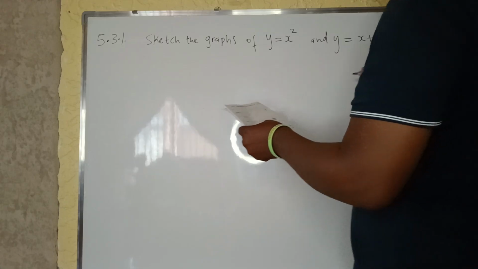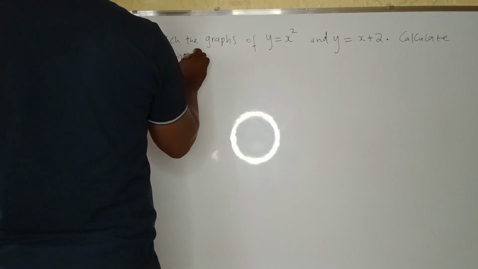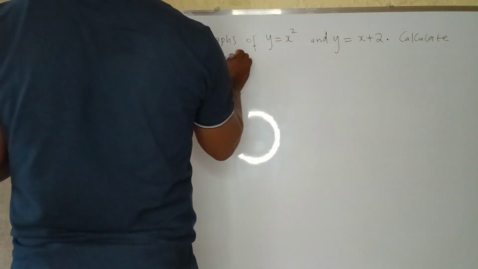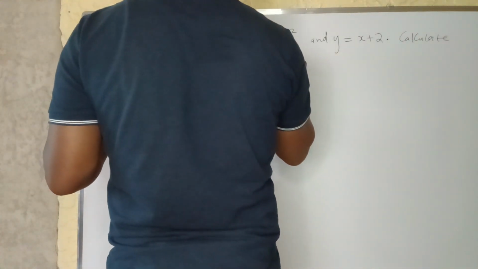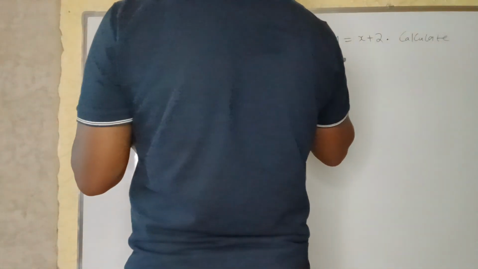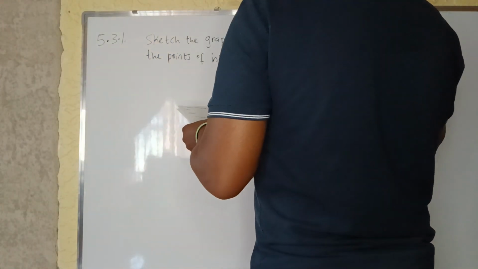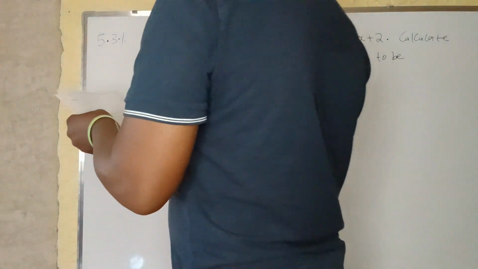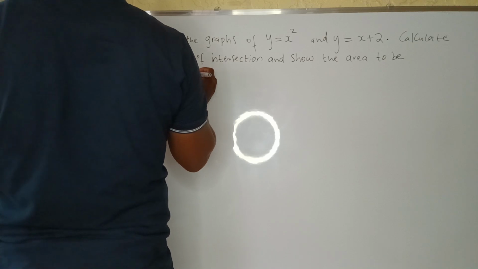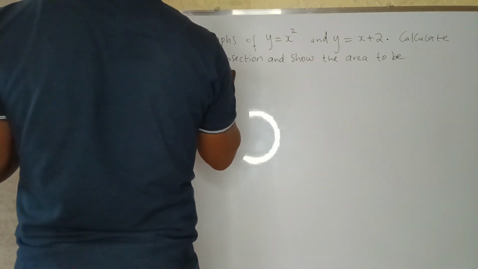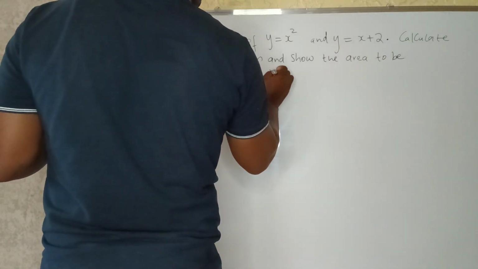Calculate the points of intersection and show the area to be calculated and the strip to be used.